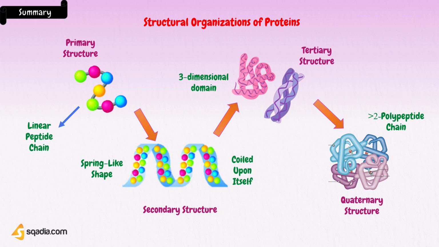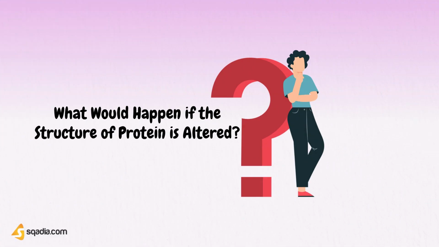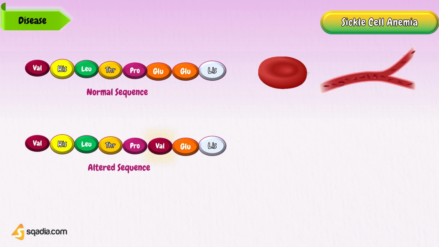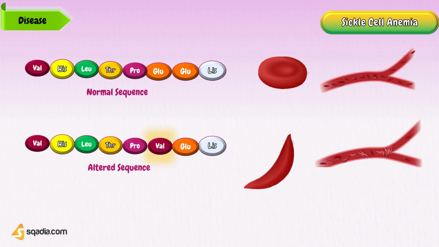Since we have talked about the structure of proteins, it is imperative that you should know what would happen if an alteration took place. It is important to understand that even a tiny change in primary structure can completely change the overall protein. For example, sickle cell disease is a genetic disorder where just one amino acid residue in one of the subunits of hemoglobin is changed from glutamic acid to valine.